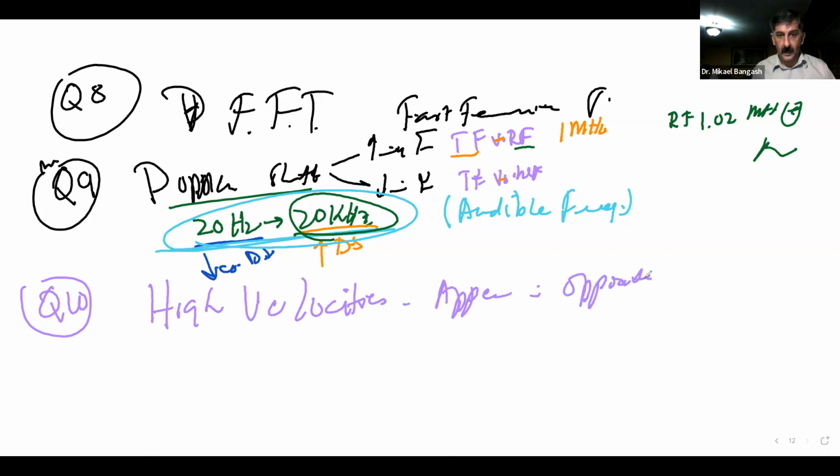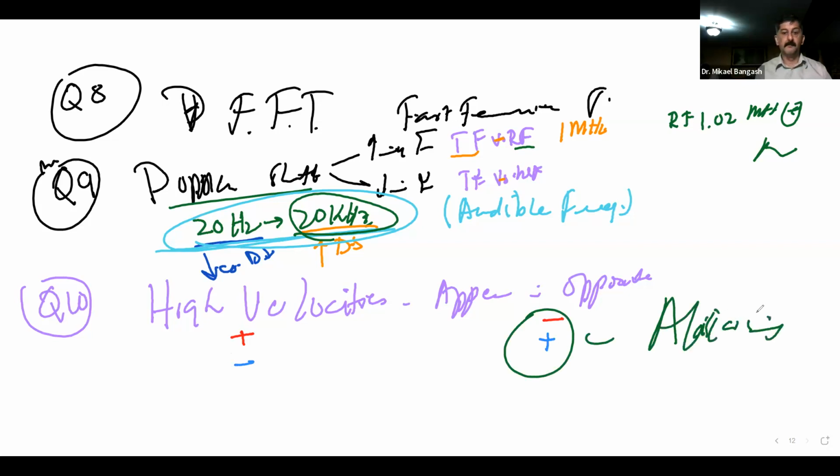If this high velocity was positive, it appears in negative, or if it was negative, it appears in positive. That is what we call aliasing. Did that make sense?